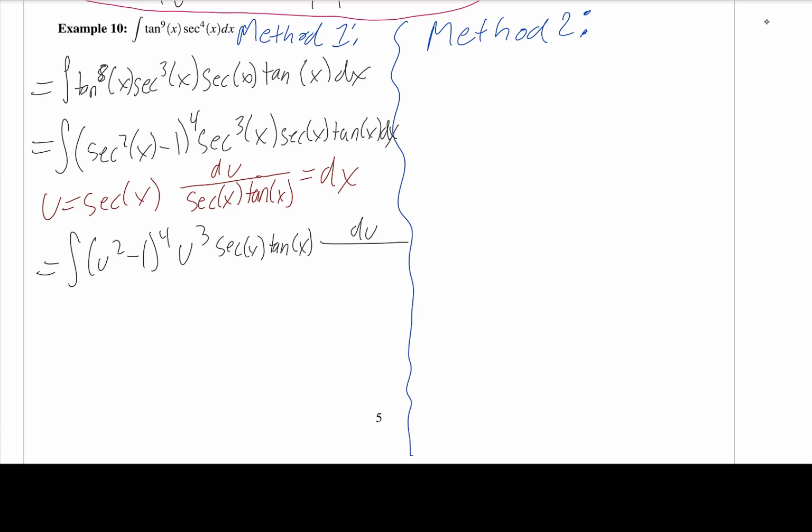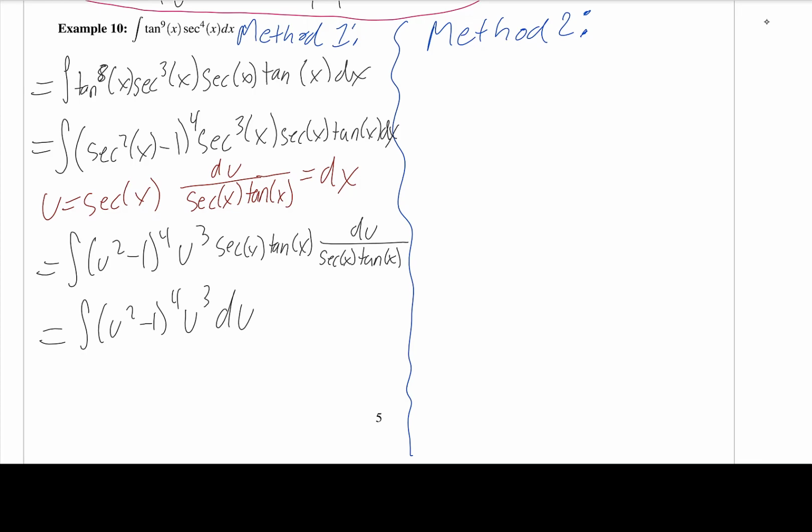So these will cancel, and we'll be left with the integral of u squared minus 1 to the 4th, u cubed du.